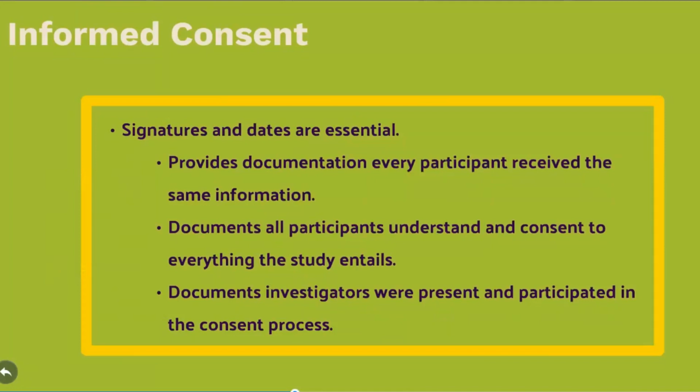Sometimes they sign and date it, but the date they give is different from the participant's date. If you have children, the child signs the assent form. The date is before the parent signed and dated the form, which is different from the investigator signing and dating the form. So it's really important that you keep in mind that both the participant needs to sign and the investigator needs to sign.